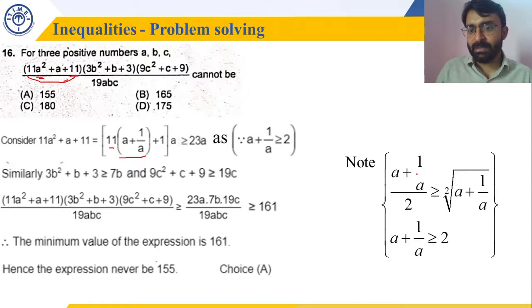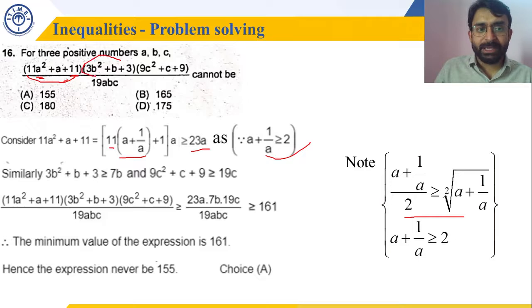A plus 1 by a divided by 2, AM is greater than or equal to square root of a times 1 by a. So a plus 1 by a is greater than or equal to 2. This is the result which we are using in this question. So a plus 1 by a is greater than or equal to 2. That means if I put 2 here, 22 plus 1, 23a. So this expression is more than or equal to 23a.